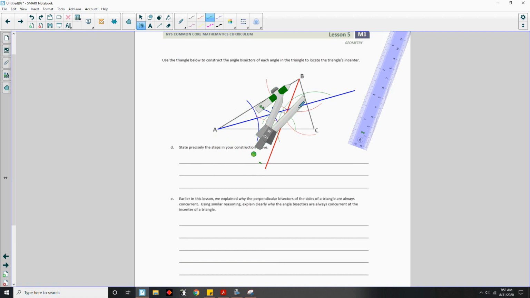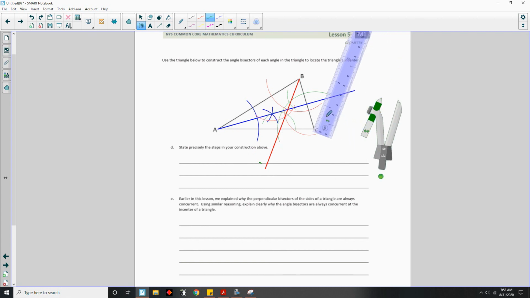Move it to the other intersection point. Draw an arc like so. And then bring my ruler over, put it right on C, rotate, go through that intersection. That doesn't look right. What did I do? Oh, it's right here.